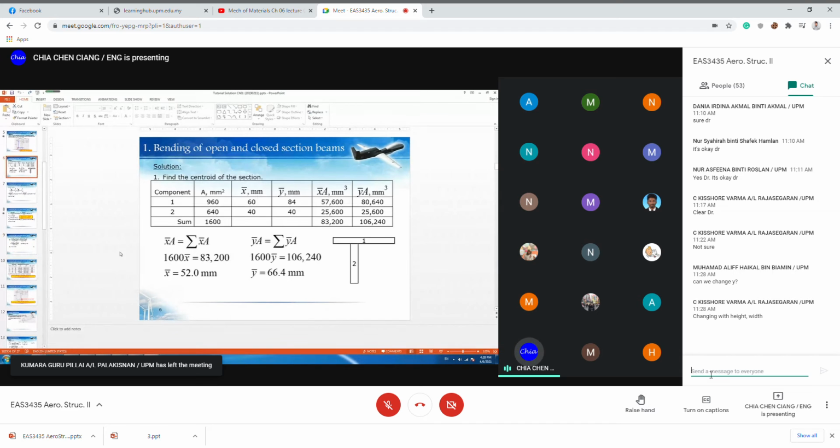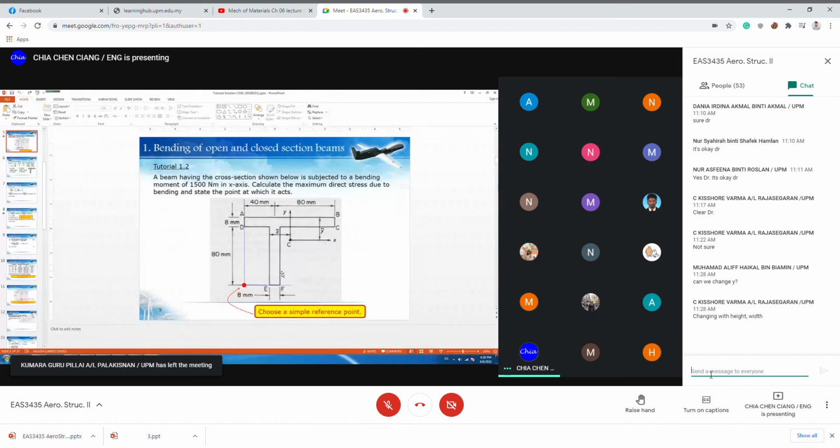So you need to play around with the design of this beam. You need to increase maybe the thickness. Maybe you just keep the design but increase the thickness. Or maybe instead of just a T beam, you can make it an I beam.